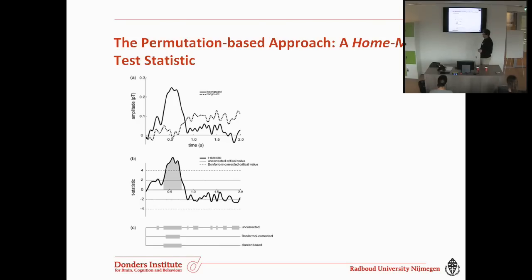Now, how can we go about quantifying the evidence against the null hypothesis for this difference? In the first step, we calculate t-statistics for each of the time points. I think we have a sampling rate of 600 Hertz, so we have 1200 points here, 1200 t-statistics. The naive way is just to calculate a t-statistic for each of the time points.